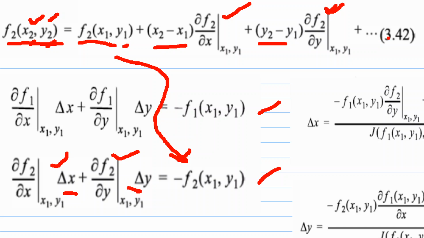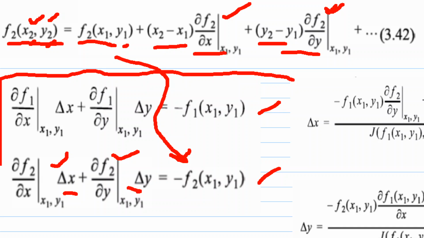Higher order terms would be second, third, fourth derivatives, and so on, but we only consider the first derivatives and simplify the Taylor series expansion with this.